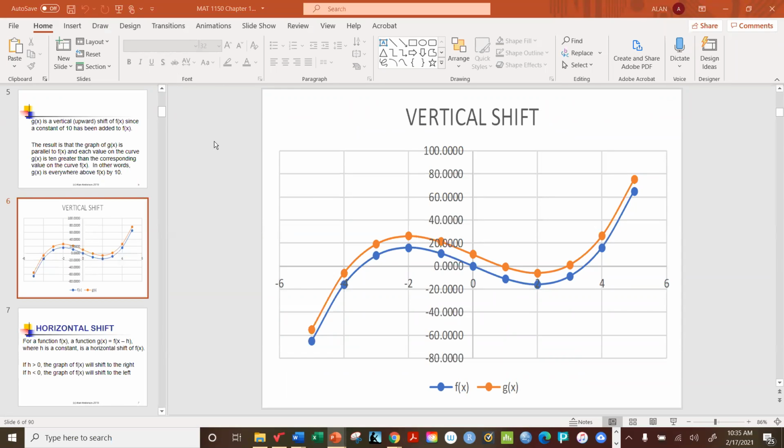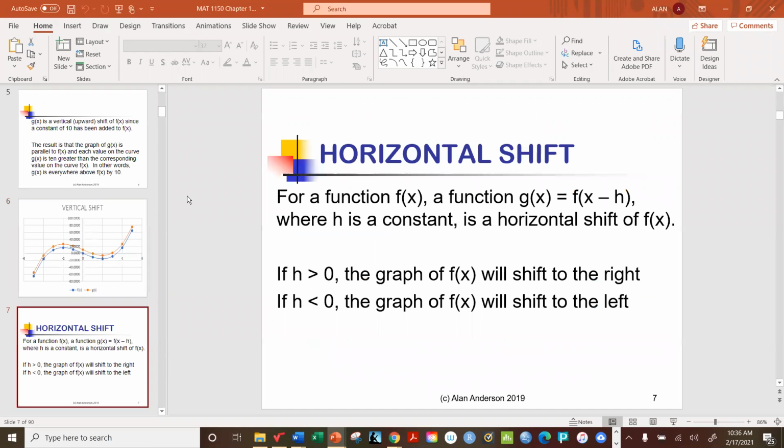But anyway, here's the shift. And the shift is as easy as it gets. Add or subtract a constant, and you've got your shift. Now, left and right is a little bit more challenging because now we're moving along the x-axis rather than the y-axis. So how does this work? Suppose you have a function f of x, and then you create a new function, g of x, which is f of x minus h.